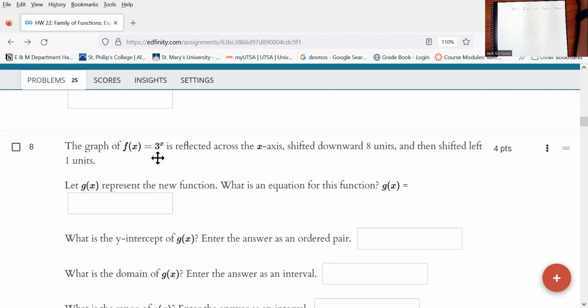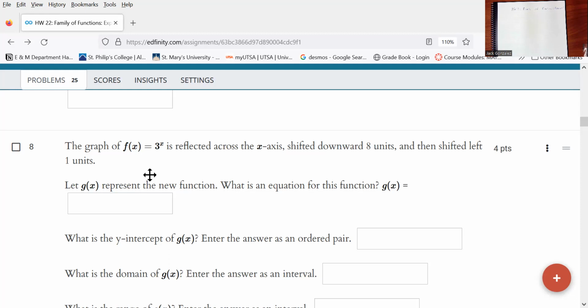Okay, this right here is ideas about transformations. I think we talked about it a little bit. Yeah, we did review when we had the trig functions, but they move up or down. So everything is the same for any function when it comes to transformation. If it's shifted down 8 units, that means there's a -8 outside.